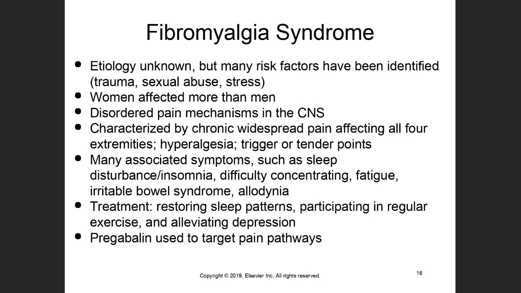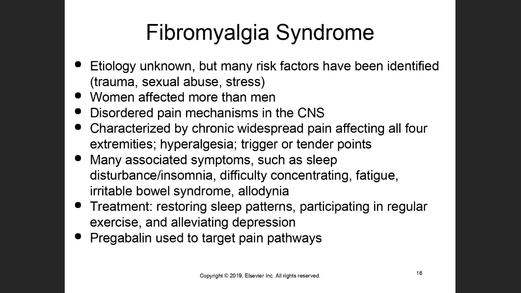Fibromyalgia: etiology unknown, though many risk factors have been identified. Women are affected more than men. It is a disorder of pain mechanisms of the CNS characterized by widespread pain affecting all four extremities, hyperalgesia, and trigger or tender points.